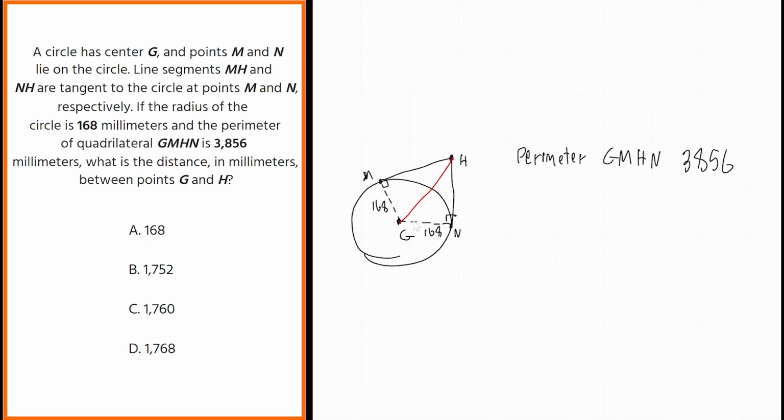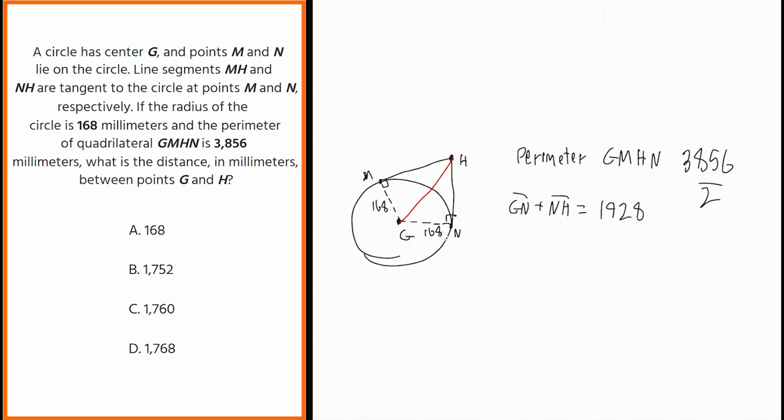So, in fact, we know that this half, this GN segment plus this NH segment, is going to equal exactly half of our perimeter, or in other words, GN plus NH will equal 1,928, half of this 3,856.